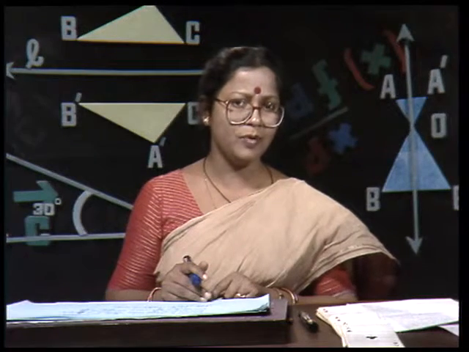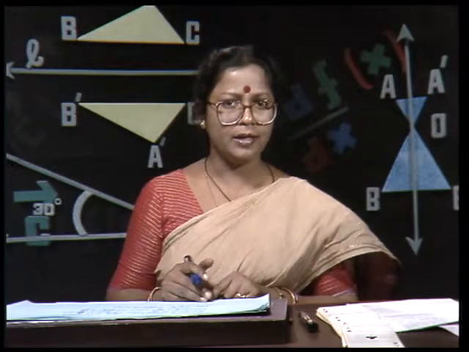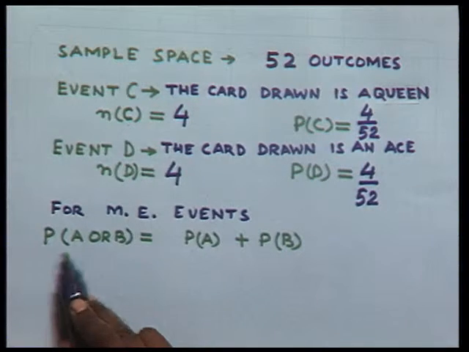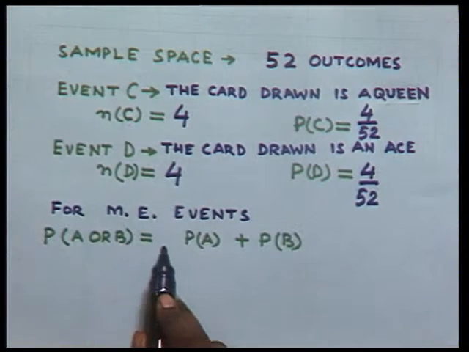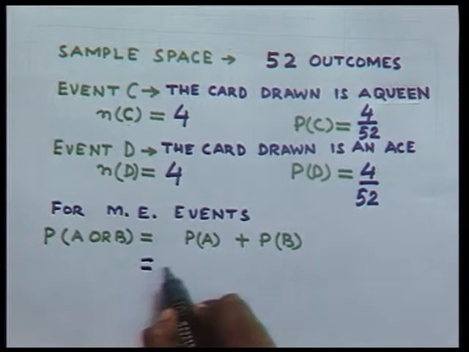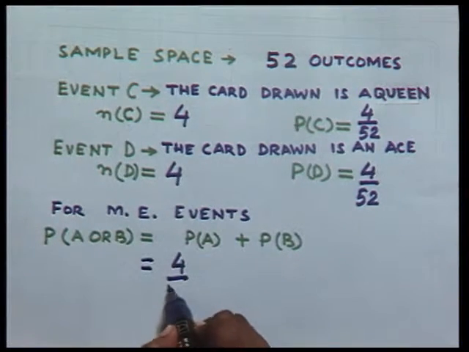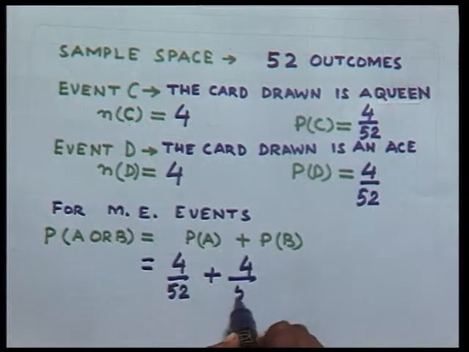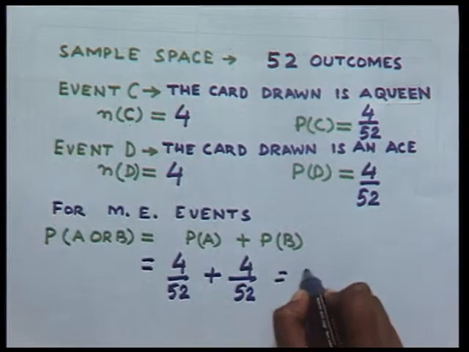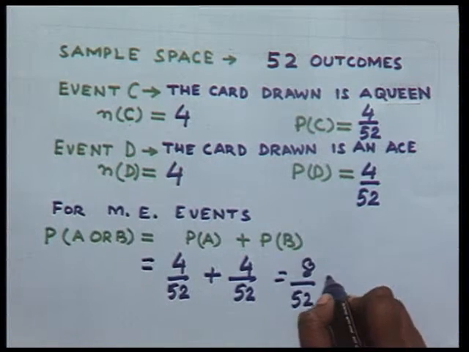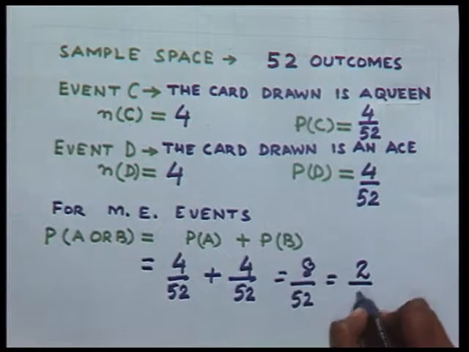These 2 events are mutually exclusive, and therefore, using the result for mutually exclusive events, the probability of event C or D is given by probability of C plus probability of D, which is equal to 4 upon 52 plus again 4 upon 52. This is equal to 8 upon 52, which is equal to 2 upon 13. Thank you.